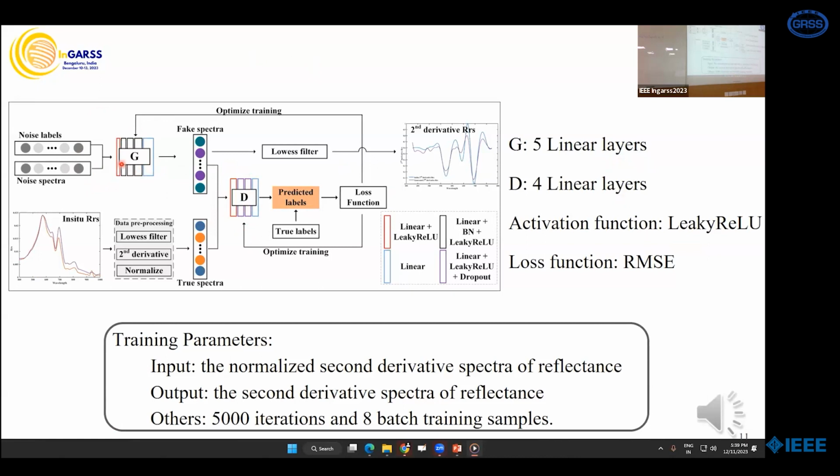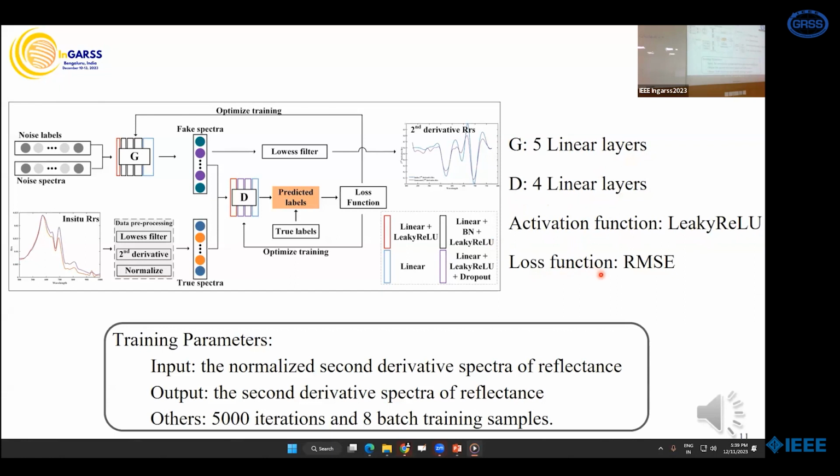The objective of the generator network is to learn the distribution of real samples and generate synthetic samples that resemble real samples. Therefore, the generator in this model comprises 5 linear layers, and the discriminator has 4 linear layers. Also, the leaky ReLU activation function is primarily used.